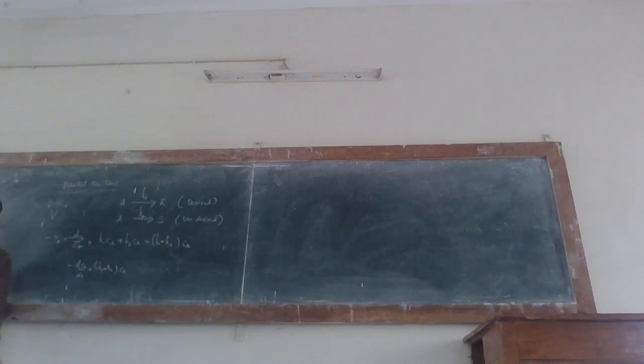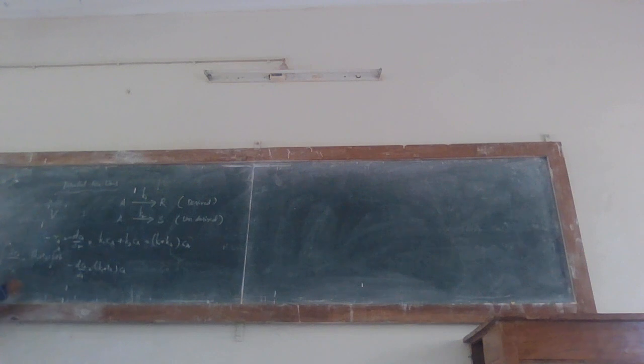Can I do integral analysis? Apply integration. Integration of minus dCA by CA is equal to (K1 plus K2) into integral dt. So keep the time limits CA0 to CA, and 0 to t.